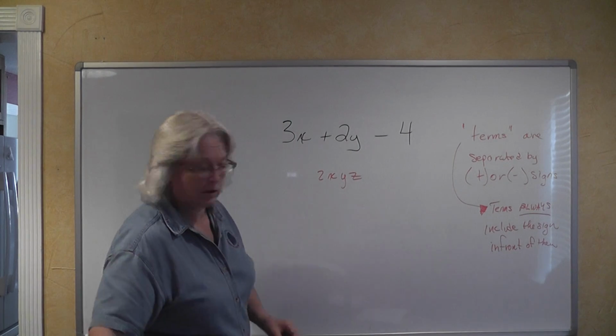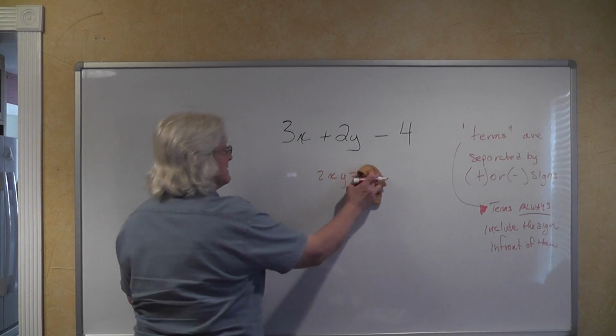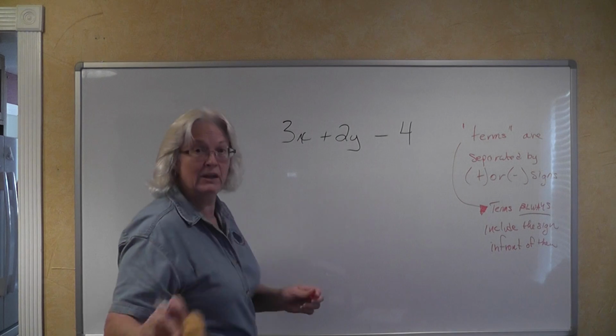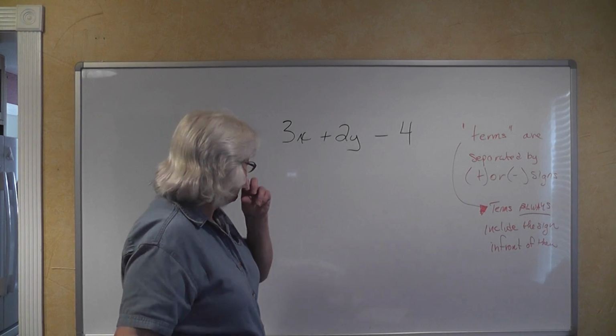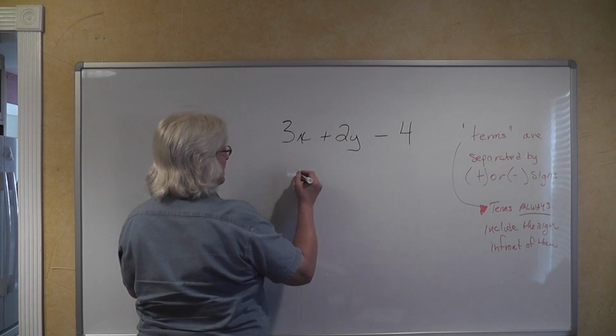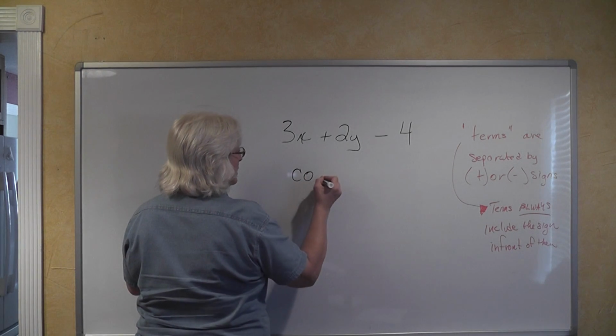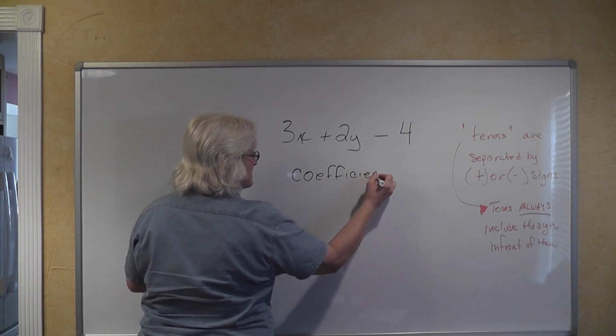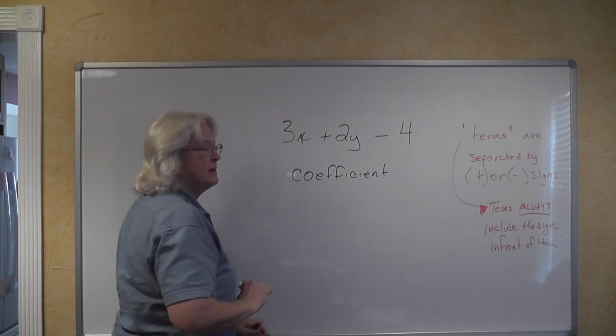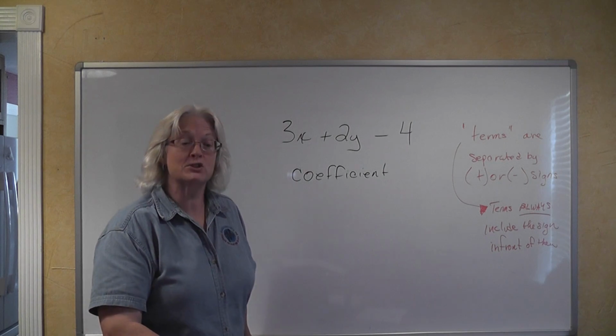So we've learned about terms, and we remember factors. Now we're going to talk about something called a coefficient. This is not hard to spell once you know how to do it, but you will have to learn coefficient. Something is efficient, and this is spelled the same way. What is a coefficient?